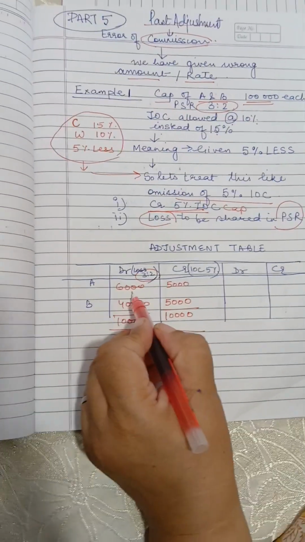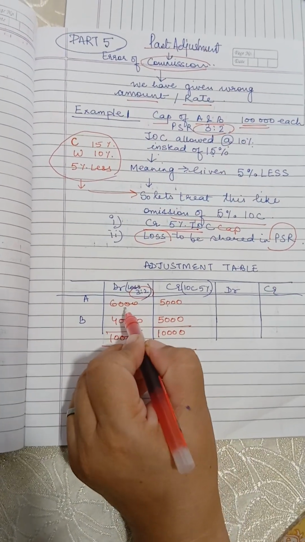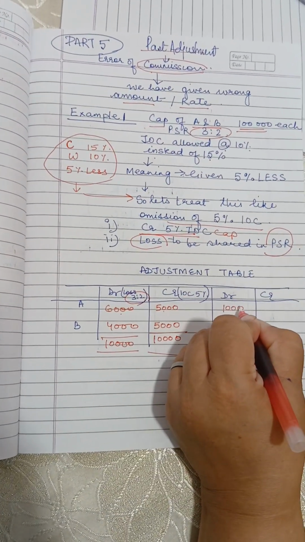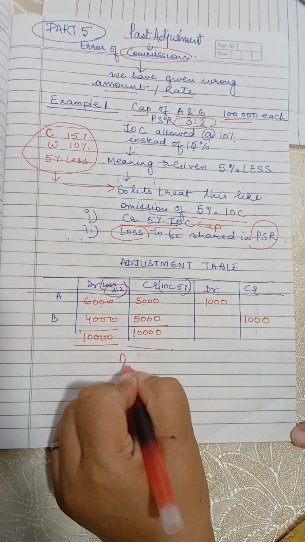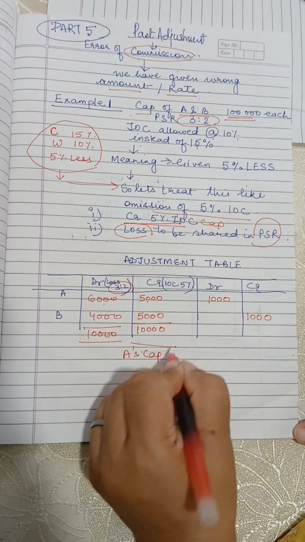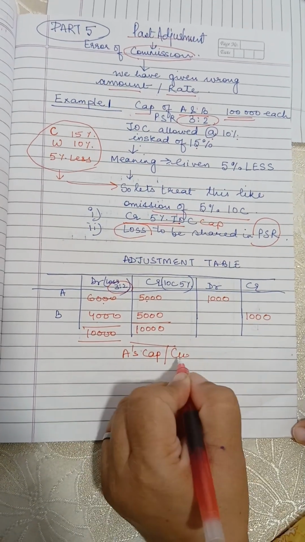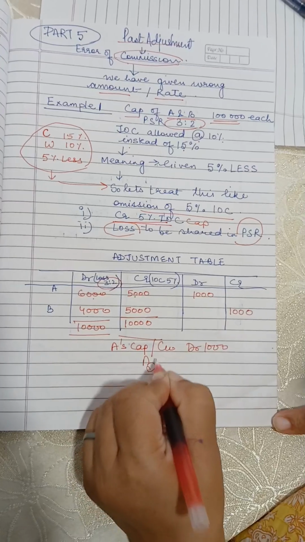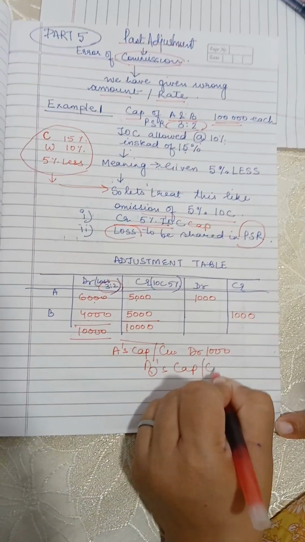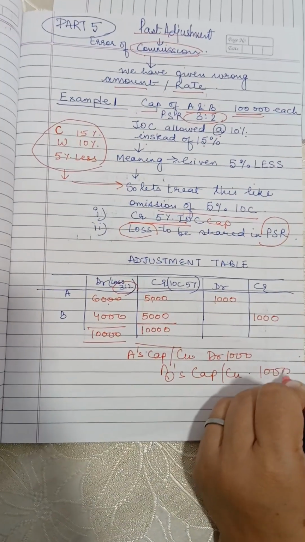Now, as you all know, 6 and 5, what is more? 6. How much more? 1,000. 4 and 5, 1,000 gets credited. Entry becomes A's capital or current debit, depending on fixed or fluctuating. B's capital or current gets credited with 1,000 rupees.